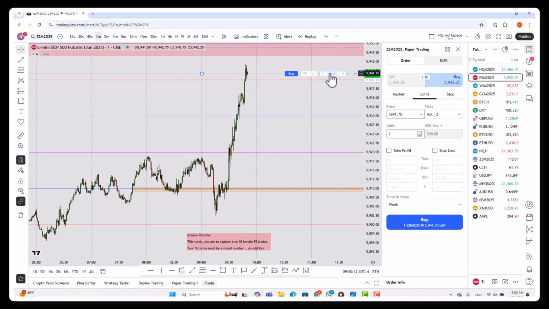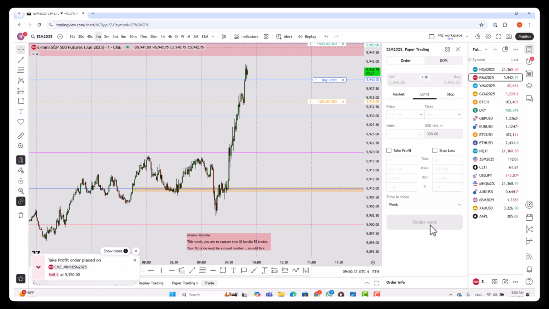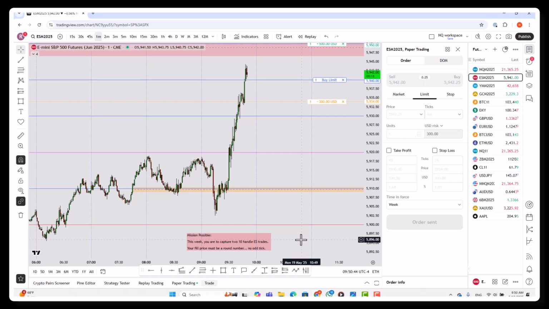It still works. Stop loss goes here. Go TP up here and see if it gets sold. So he said no, there has to be a round number, no added tick.